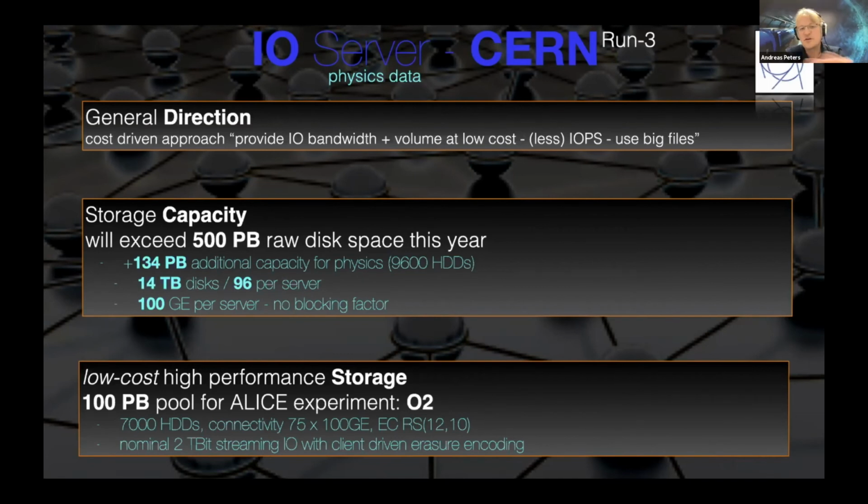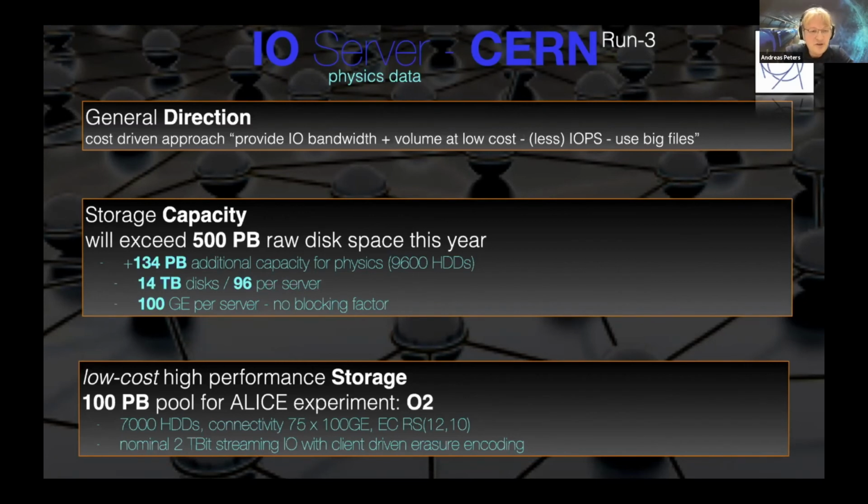I don't talk about the metadata part, but all this assumes that an experiment can grow its files linearly with the bandwidth requirements. This year we will get close to half an exabyte at CERN, and a typical storage server at CERN has 14 terabyte disks, 96 disks per server, and a 100 gigabit interface, with no blocking factor on the network.